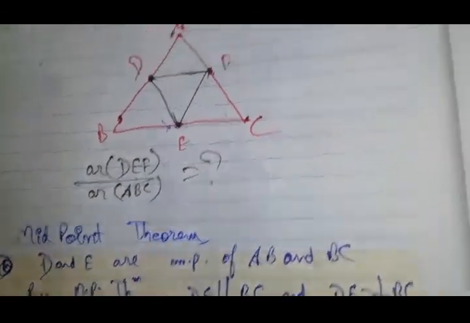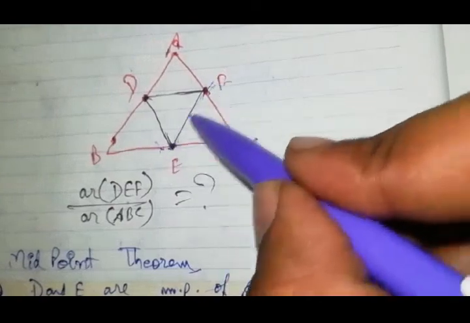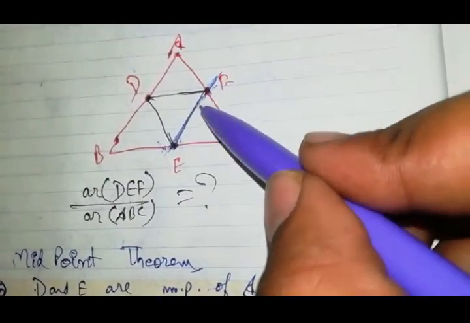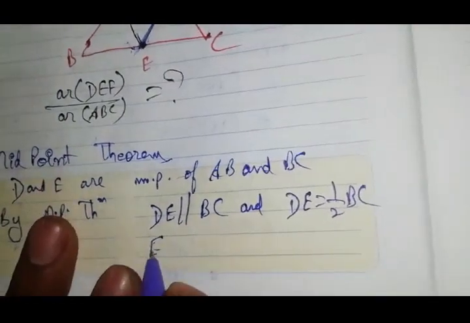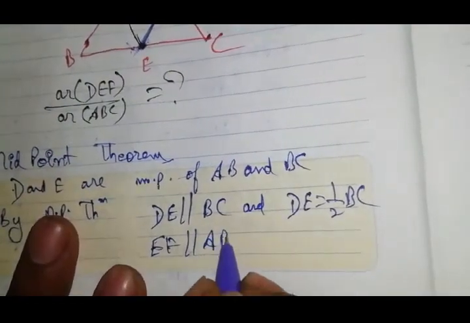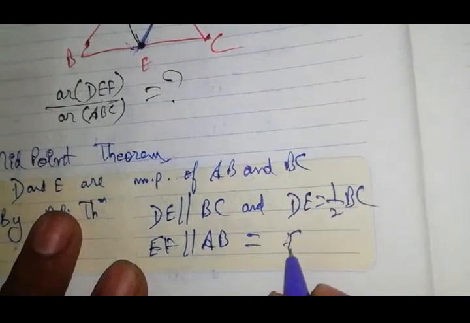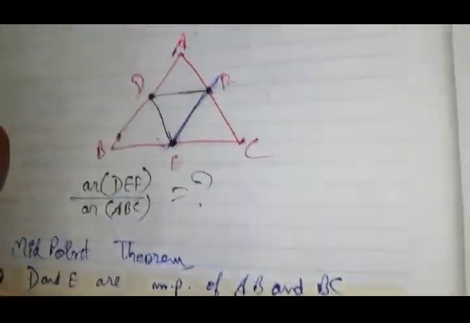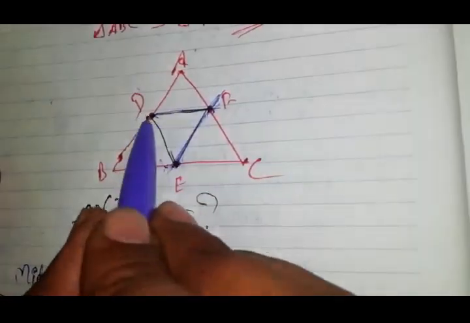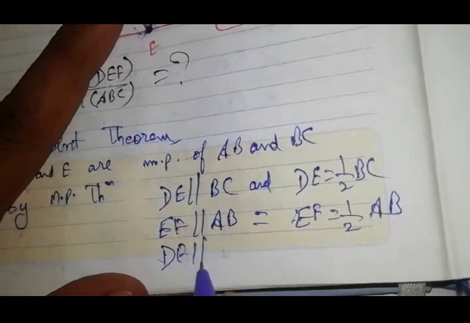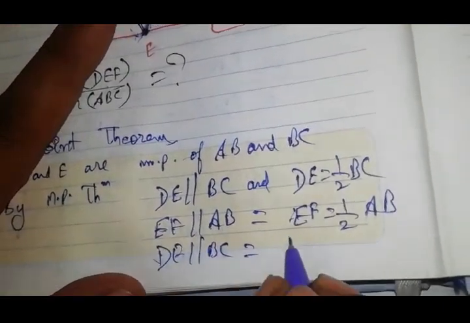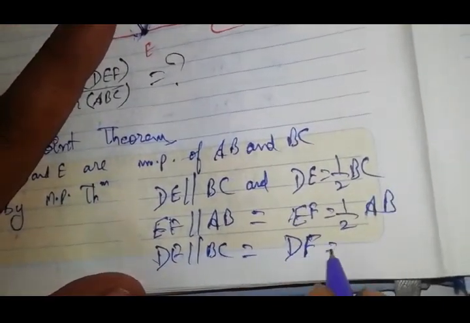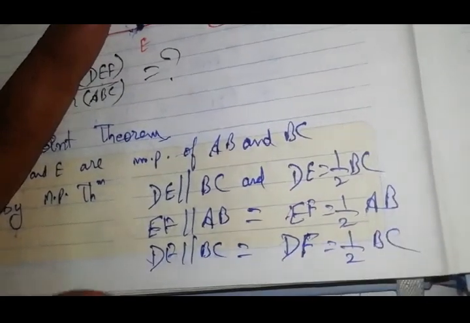Now if we take EF, this will be parallel to AB. So here we can say that EF is parallel to AB and also EF is half of AB. Now we can say that DF is parallel to BC and also DF is half of BC.